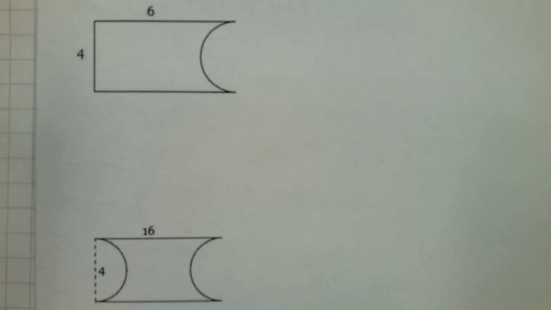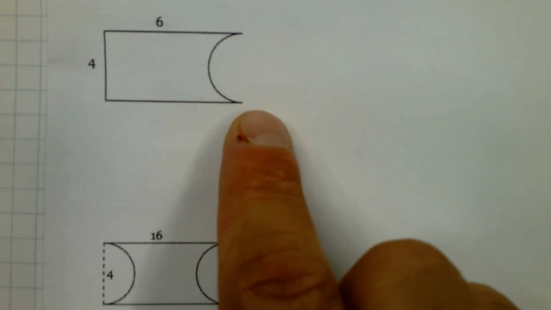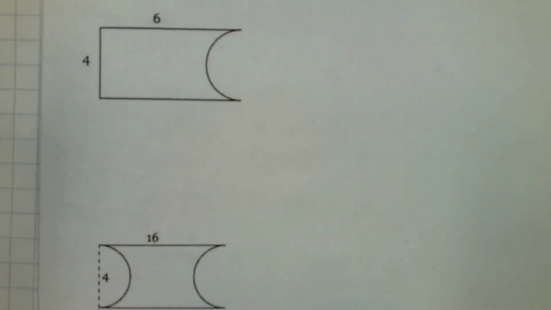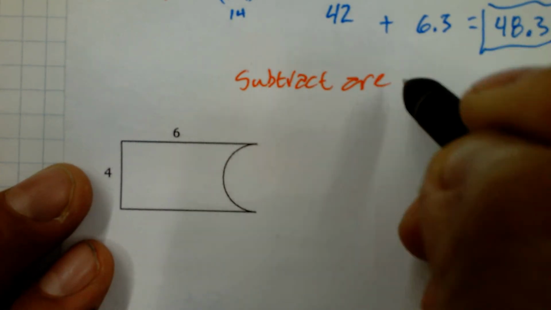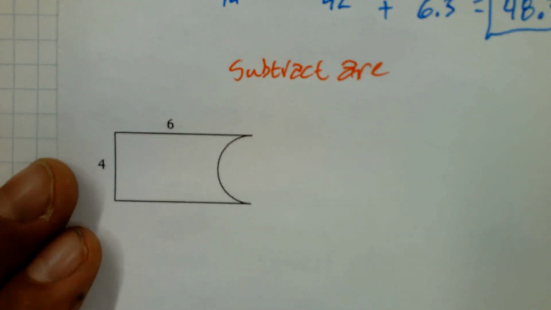Yeah, they look like tickets. And they are indented, which means we're not adding this as more area. We're subtracting away that area. So here, these two, we have to subtract area. In this case, semicircles or circles.